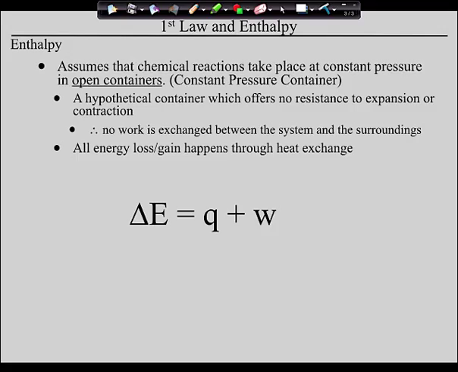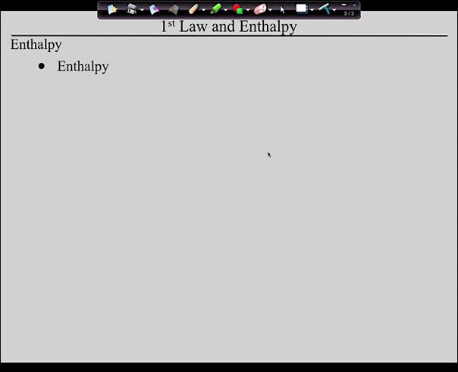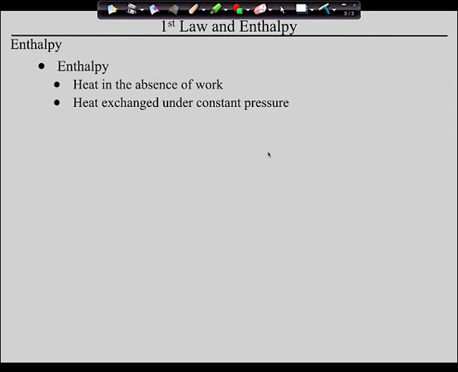Ready? What is Q the abbreviation for? Heat. Enthalpy is not abbreviated Q. So let's get into enthalpy. So guys, enthalpy is heat in the absence of work, or heat that is exchanged under constant pressure.